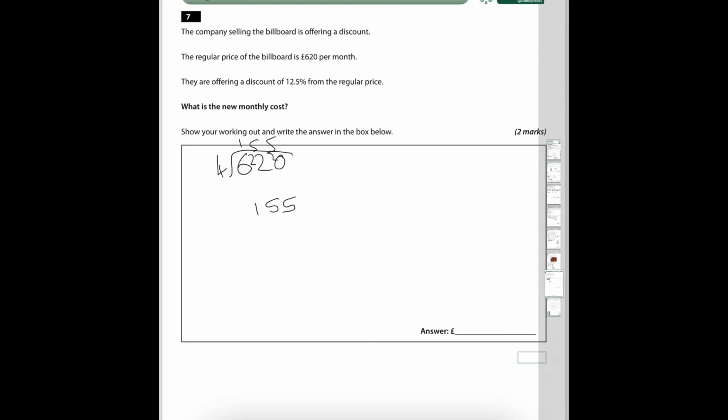Divide that again by 2 because we want half of it again. So 77.5. So 12.5% is 77.5. So what we want to do now is take that off the original figure because it's a discount off the regular price, as it states here.